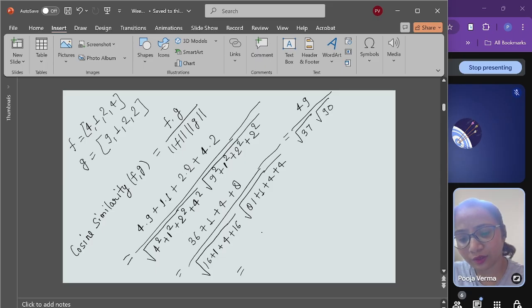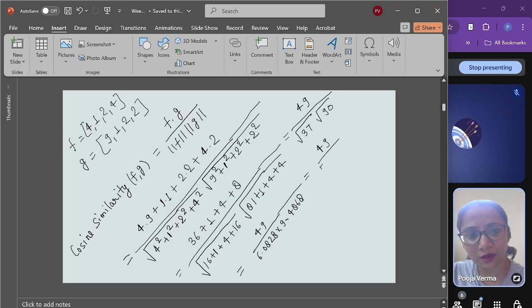If you calculate further, you will get 6.0828 multiplied by 9.4868, for root 37 and root 90 respectively. Multiplying, you get 57.703, and dividing the overall value you get 0.8491.